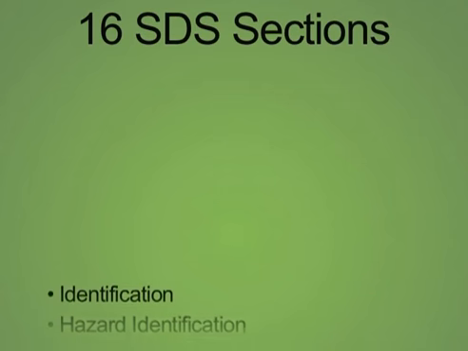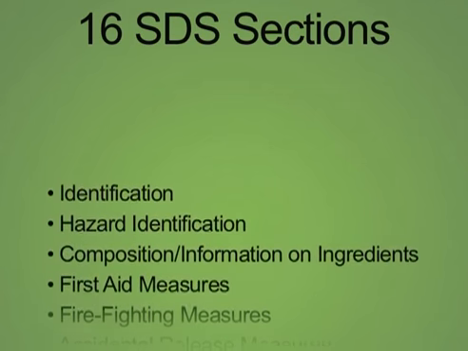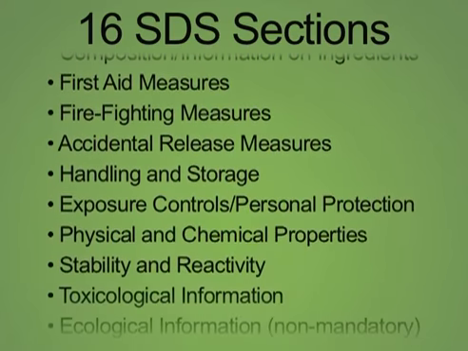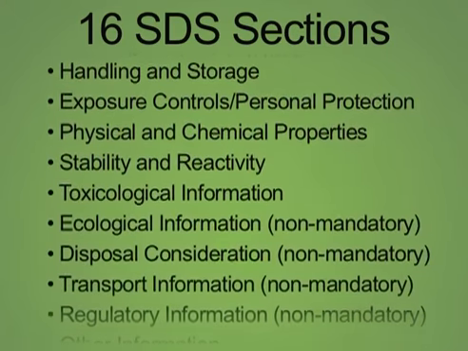Here's a list of the 16 sections included on the new SDS. The new SDS must include the section numbers, headings, and associated information related to each section.